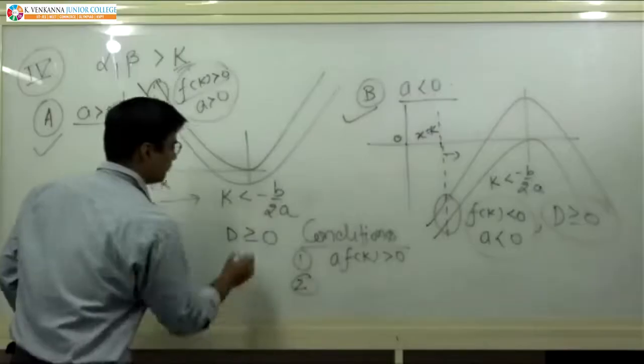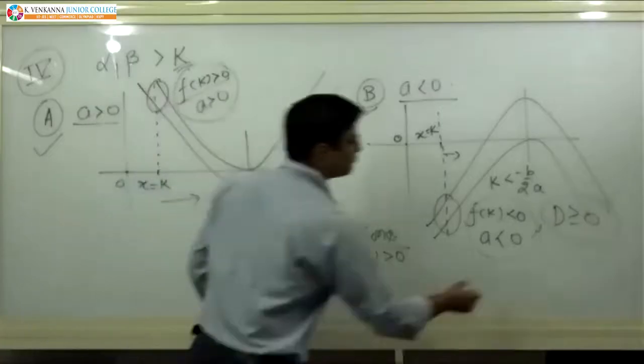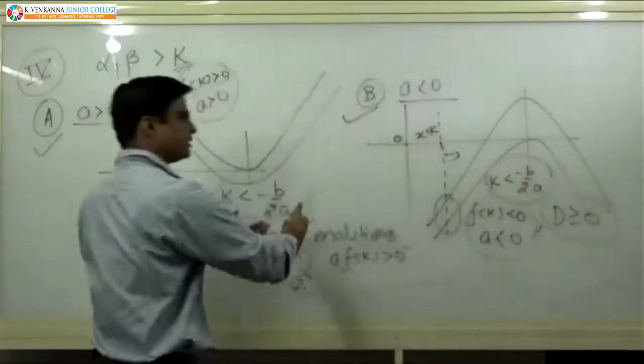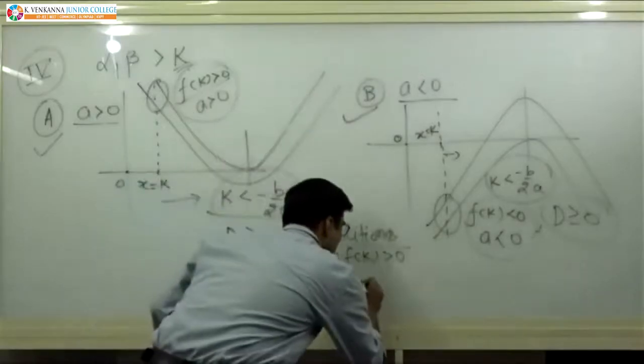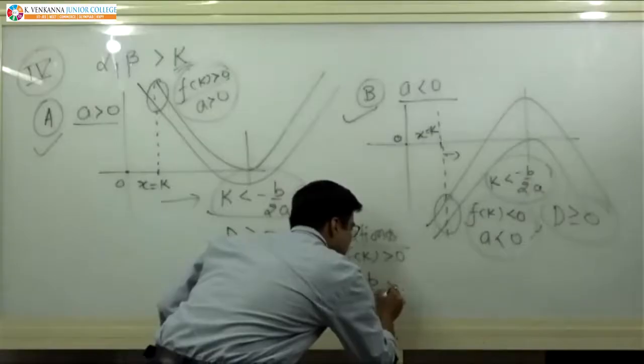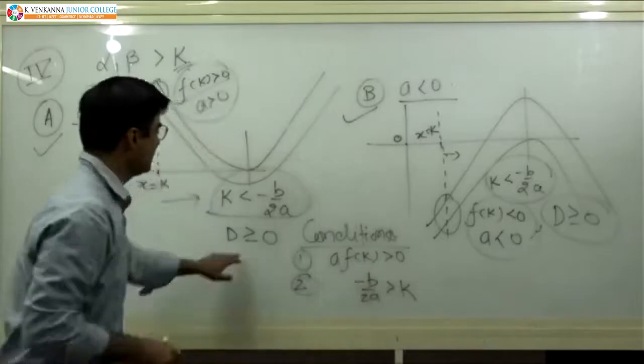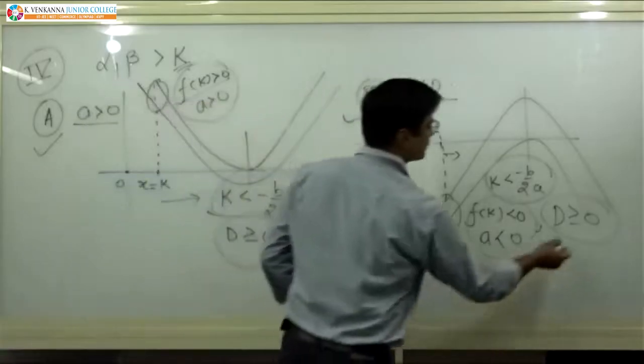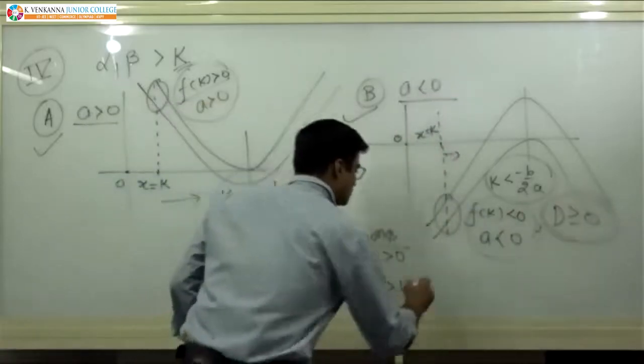Second is minus b by 2a is greater than k. It is the same for both. And discriminant greater than equal to 0. It is common to both.